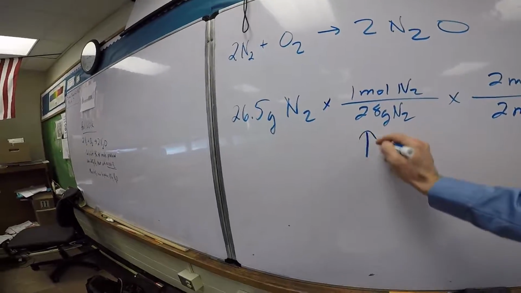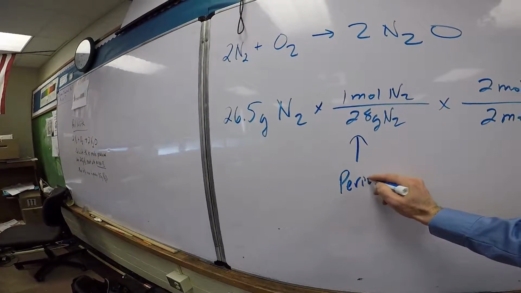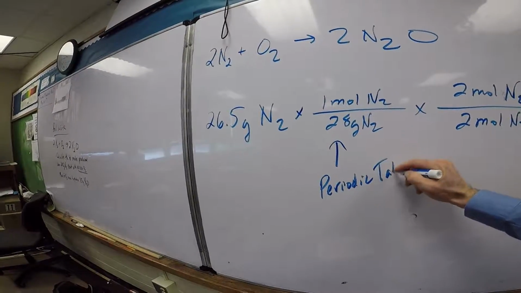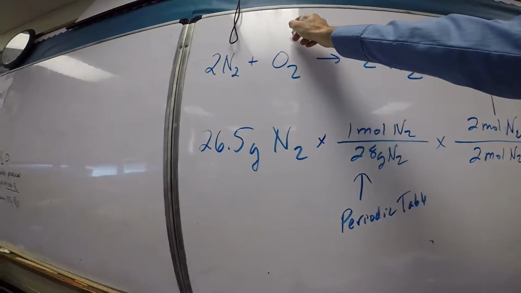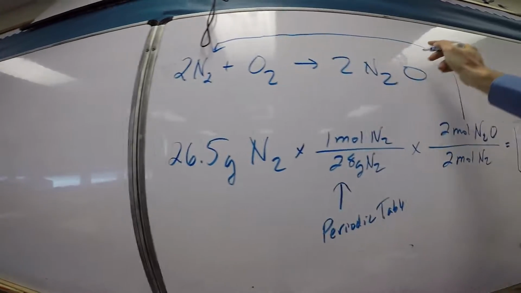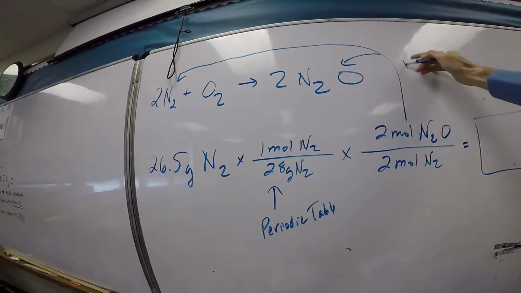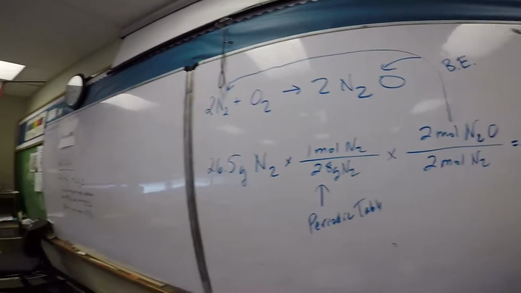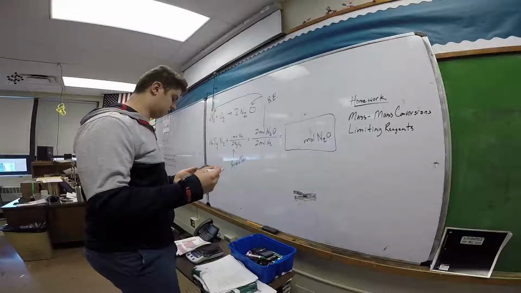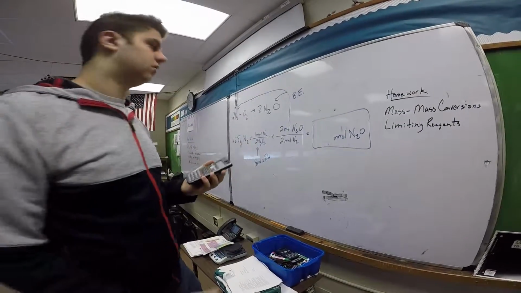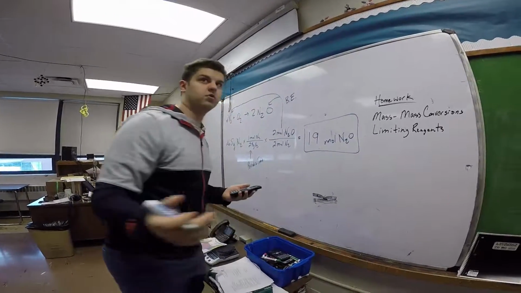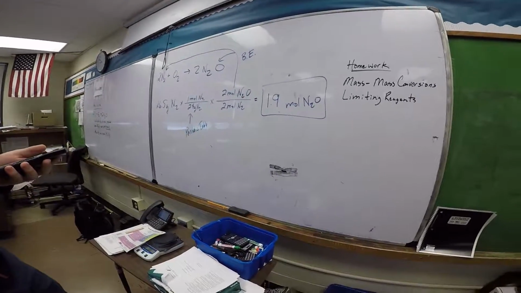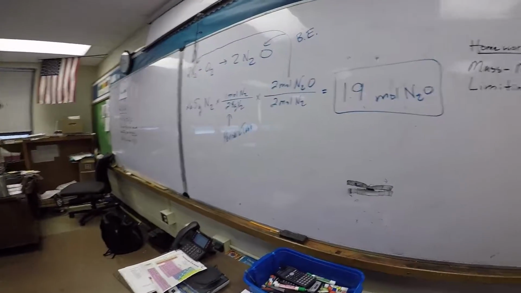We're going to use the periodic table to get this information right here. Right, periodic table. And this is coming from the balanced equation. Right here. And then right here. So BE is balanced equation. 26.5 divided by 28 should be a fraction.